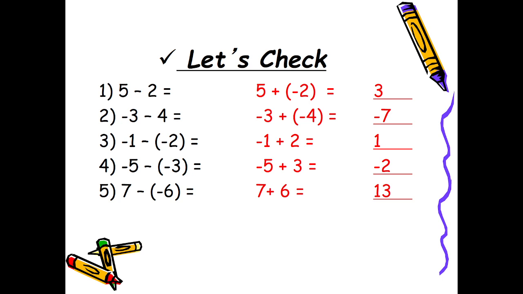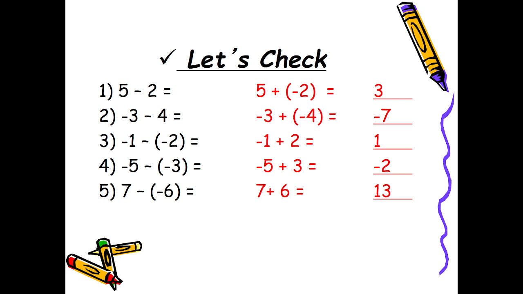We subtract, so 5 minus 2 is 3. And since 5, the bigger number, is positive, our final answer is positive 3. Number 2, negative 3 minus positive 4. We keep negative 3. We change the sign from minus to plus. We change the sign of positive 4 to negative 4. So what we have right now is negative 3 plus negative 4, and that gives us negative 7.